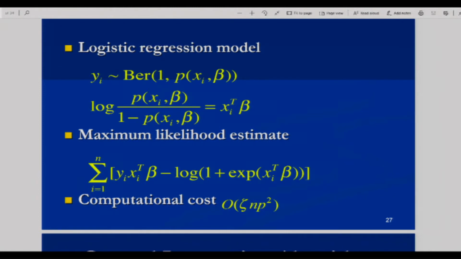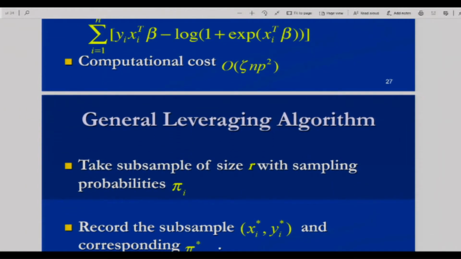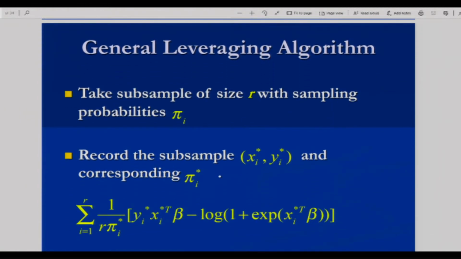We use this Greek letter to indicate that there are some iterations. Once again, we can use this general leveraging algorithm. That is, we take a subsample of size r with certain probability pi_i, and once we get a subsample, we can use a weighted maximum likelihood to get the estimate.